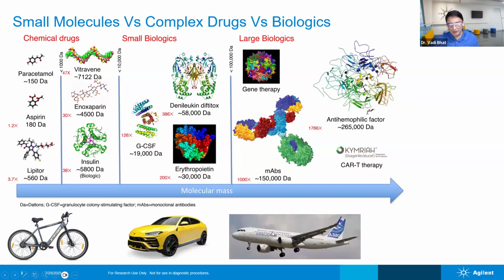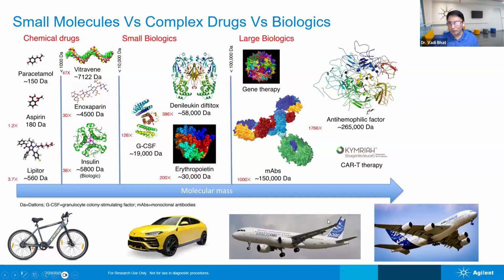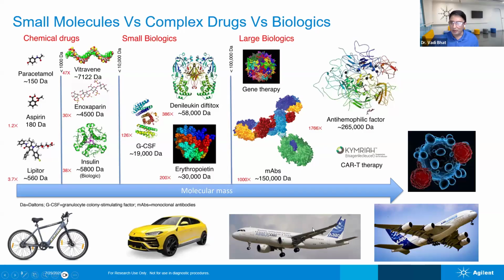You can still manage; they're still complex but not that complex compared to aeroplanes. Aeroplanes are like your monoclonal antibodies and bigger proteins, and you can go to even more complex cell therapy, which is like really huge jumbo jets, very complex. So many things are involved for safety and efficacy.